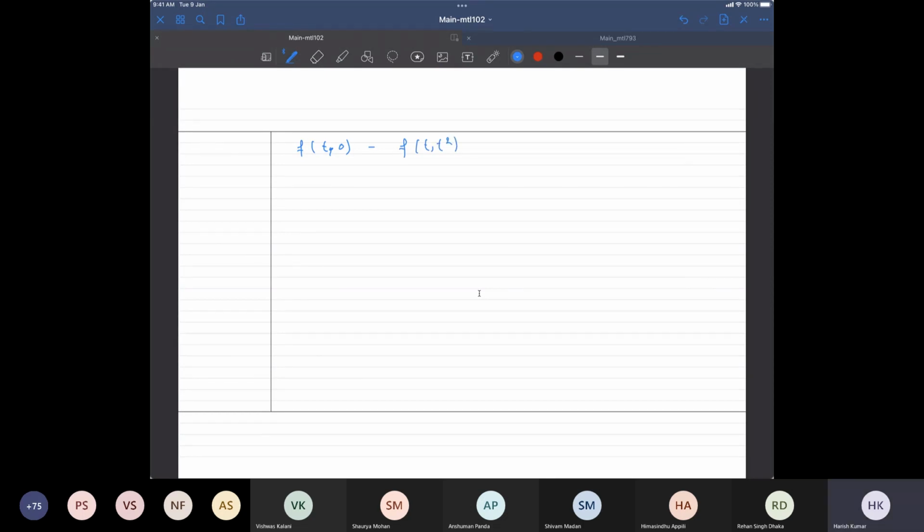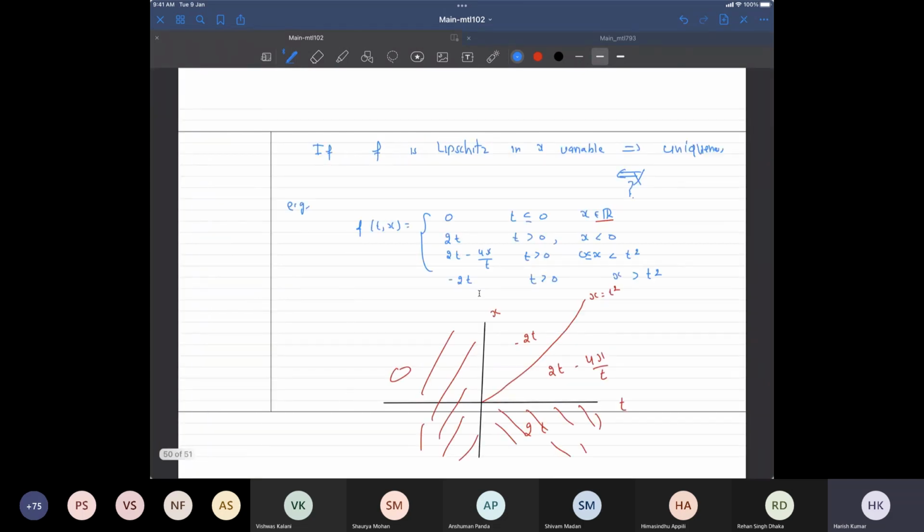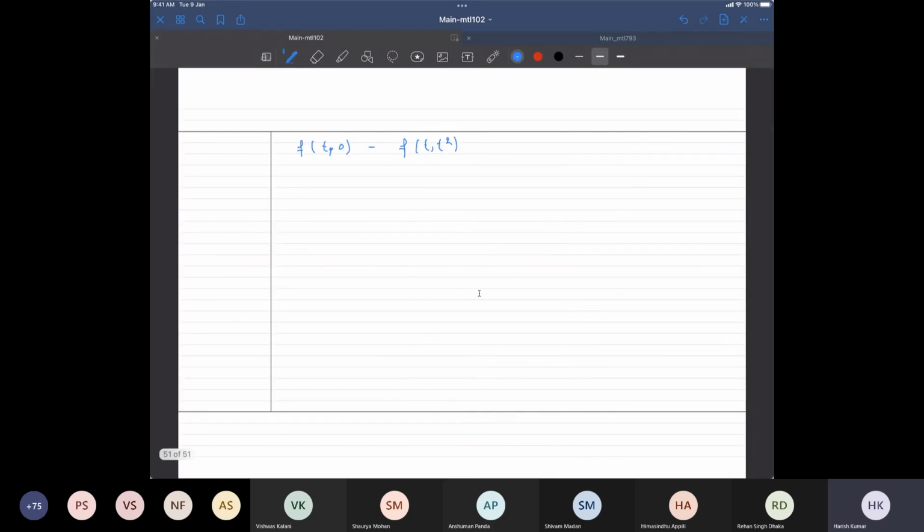This is on the line x equal to t squared, so I should write equality here also. So we are going to use these values. If you use these values, what you get is this is equal to 4t.